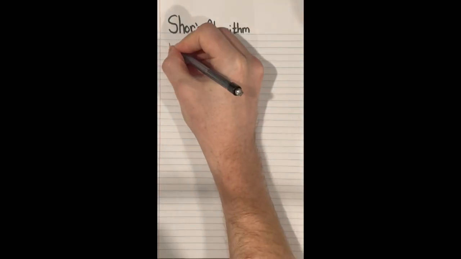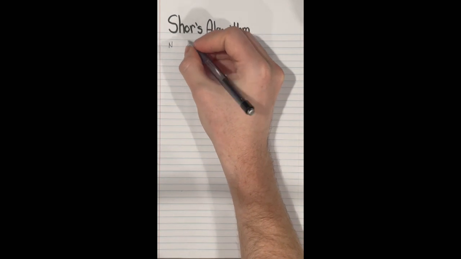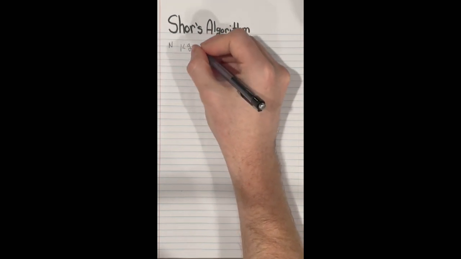So to begin, let's first consider a general strategy for factoring a large semi-prime number, n. So this is our large semi-prime number. To begin, we'll select a random number, a guess, g, that is between 1 and n.